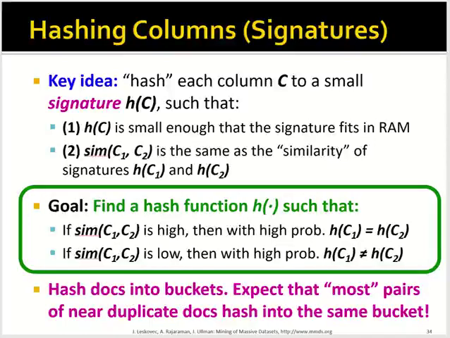We could expect the most frequent pairs of near-duplicate documents to be hashed into the same buckets. So how can I find the hash functions?